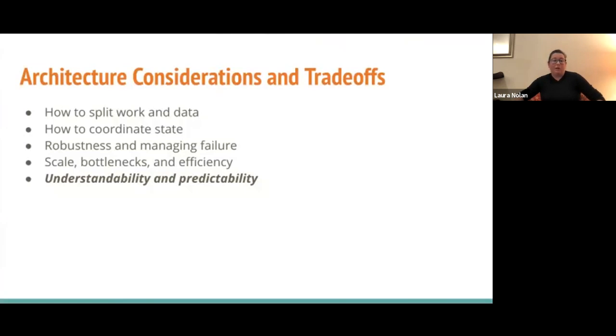You need to do this as well in your more controller-based systems, but understanding how those control flow messages work is a little bit easier. It's a little bit easier to predict. And the controller gives you a place where you can potentially make changes and influence the system more easily than when you have to roll out binary changes to hundreds or thousands of nodes. So yeah, I think there are operability differences between these different styles.